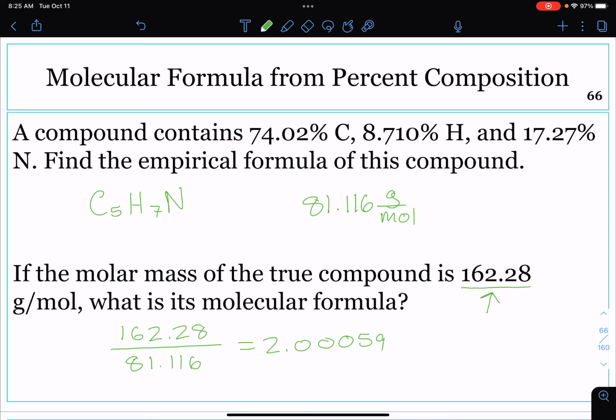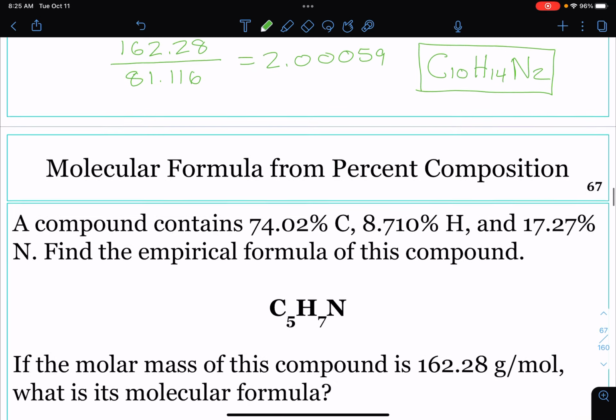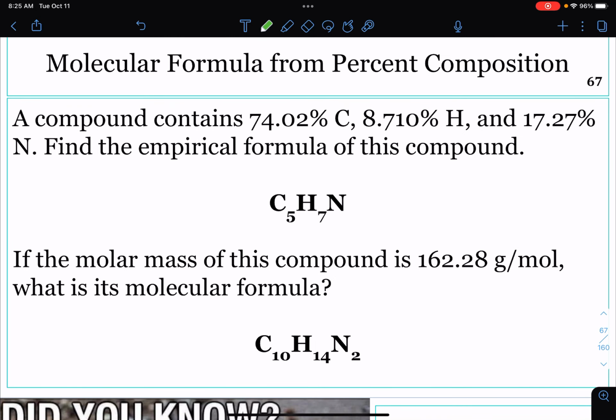This means because the molecular mass is twice the mass of the empirical formula, we need to double the subscripts on the empirical formula. C10H14N2. This is the molecular or true formula. And there's our answer.